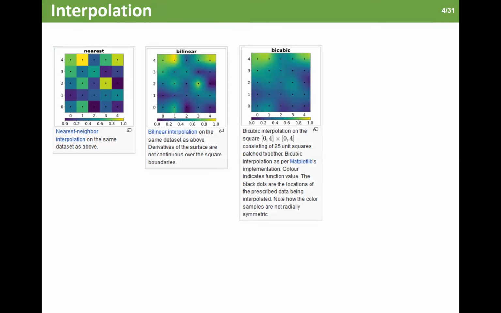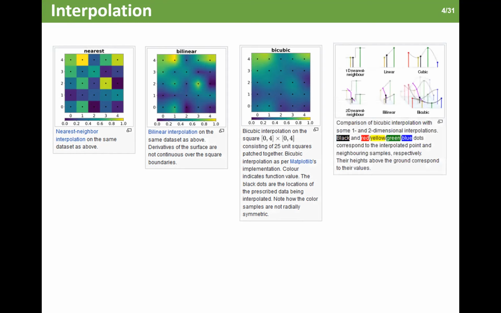And then bicubic uses a 4x4 square of pixels to interpolate. So this graph kind of gives you an idea of the difference between nearest neighbor, bilinear and bicubic. Hopefully.